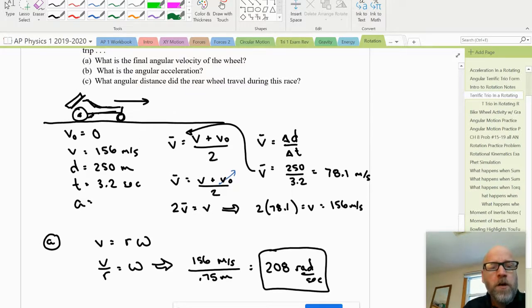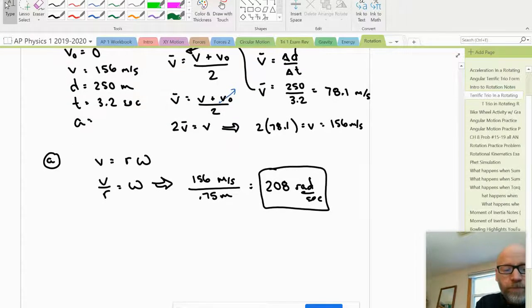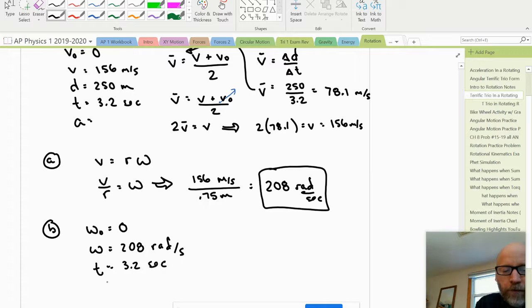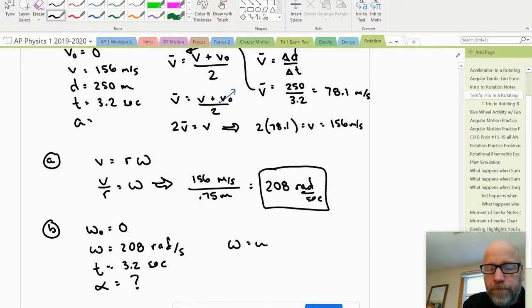All right. B, what is the angular acceleration? I could do this a few different ways yet again. I think this time I'm going to do this. If the initial angular velocity is 0 and the final angular velocity is 208 radians per second, and the time is 3.2 seconds, can I solve for alpha? Heck yeah, that's pretty easy, right? I can say omega equals omega naught plus alpha t.